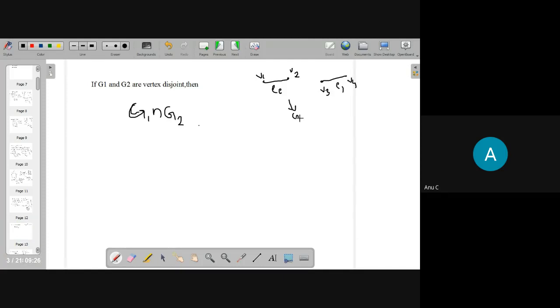Here G1, this one G2. Okay, then G1 intersection G2 പെർഫോം ചെയ്ത്. empty അല്ലേ? Empty, very good.